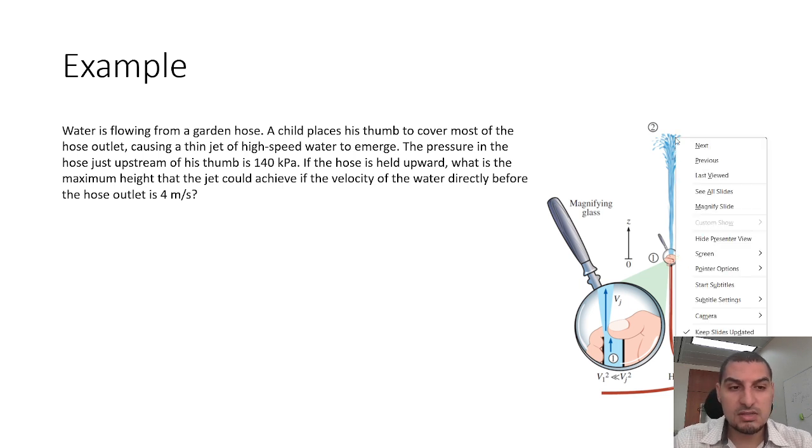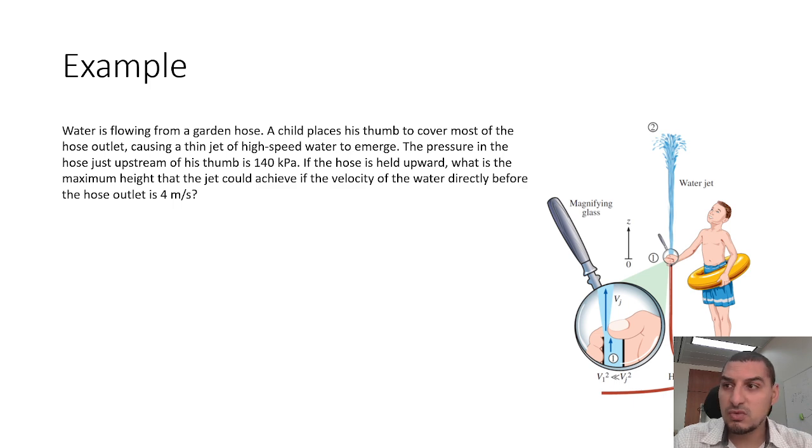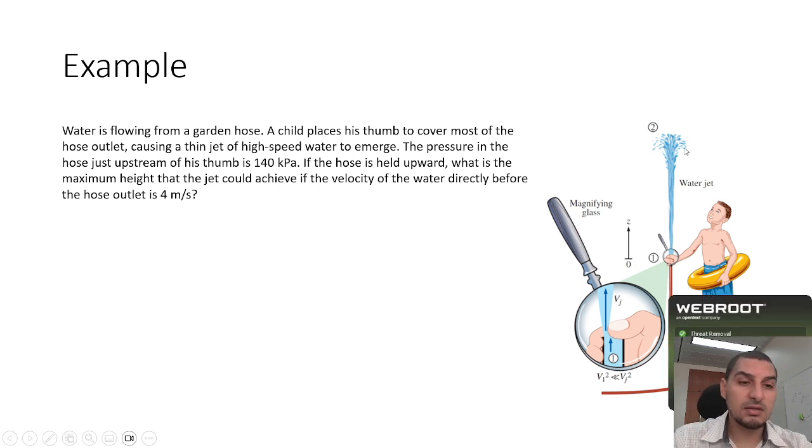The other one is partially known, and we can use the relation between the 2 points to get the missing information. So we know the pressure here, we know the velocity here, and we don't know the height yet. We know that the velocity will be zero here, and the pressure is atmospheric pressure at this point, but we don't know the height.